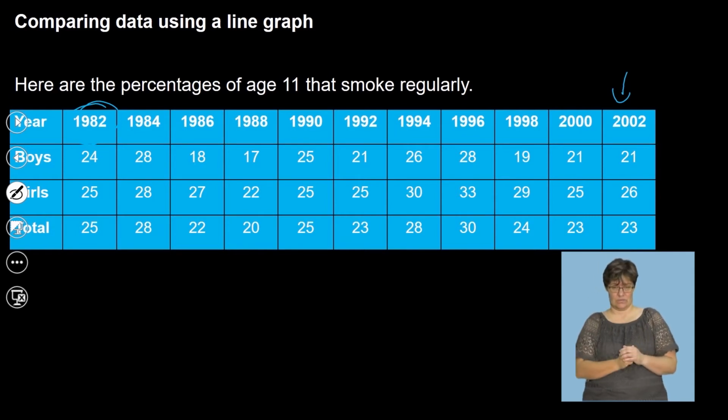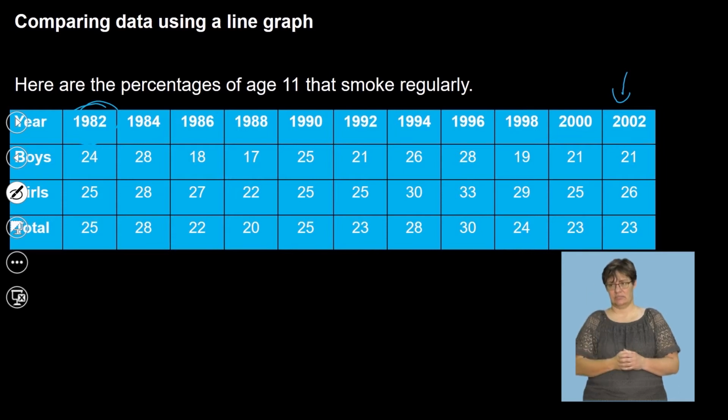In 1982, you can see 24% boys smoking and about 25% of girls. In 1984, you can see 28% boys smoking, girls still 28%. If I look at the table for 2000, we have about 21% boys smoking and 26% girls.